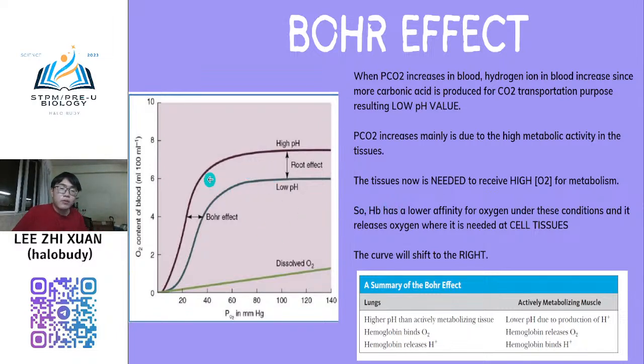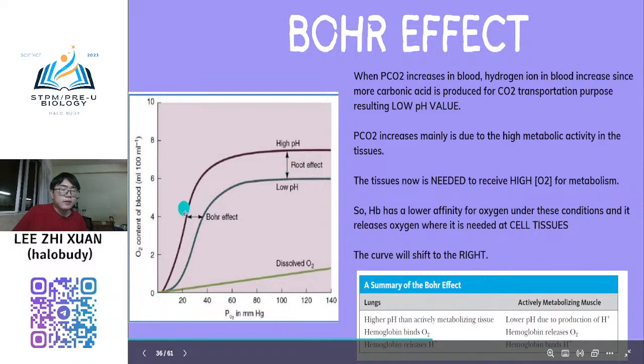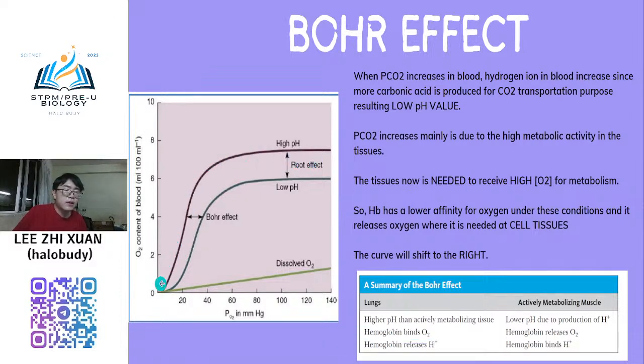If you look at this diagram, I said it the wrong way round just now. The left hand side is the normal curve, the normal resting state. The right hand side is the curve when we are exercising, meaning your pH value is very low.